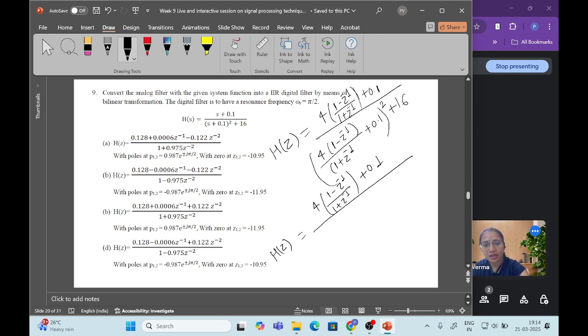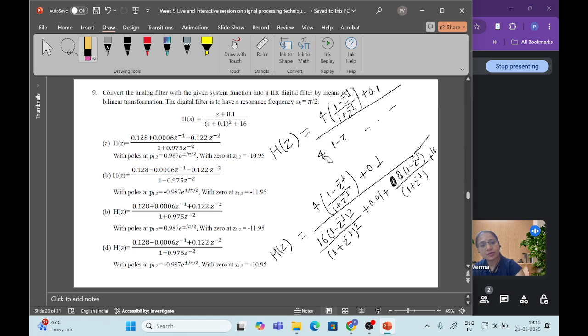So take it here: 16 times (1 minus z inverse) whole square divided by (1 plus z inverse) whole square, plus b square, that means 0.1 square, that is 0.01, plus 2ab. So 2a and b, that is 8 into 0.1, so 0.8 times (1 minus z inverse) divided by (1 plus z inverse), plus 16. This is the whole denominator part.